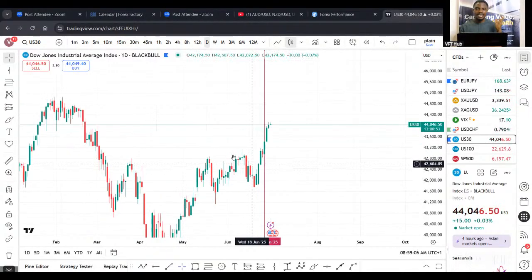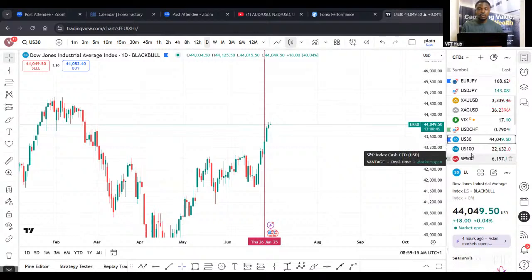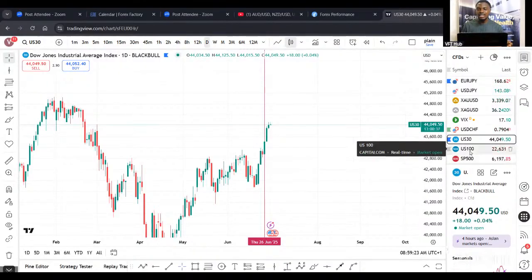So tying everything together, US 100, which has broken its previous all-time high and created a new high, was already one of our trade plays, right? And we said that because that has happened, and the same thing is about to happen on S&P 500, we would most likely, 80-90%, see a rally across the board on US 30, right?